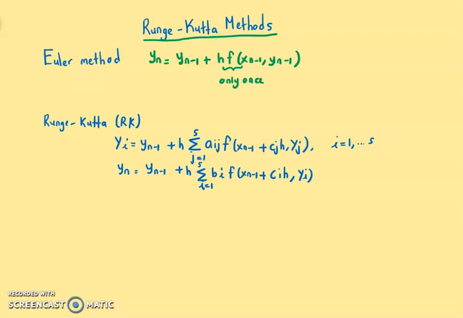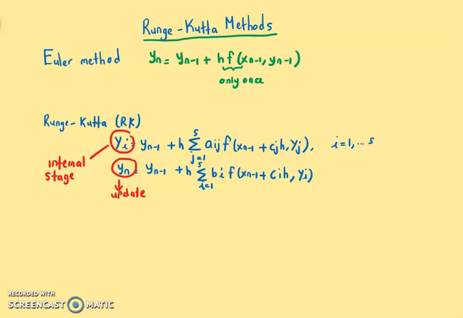This is a one-step method where my Yi is denoted as the internal stage. My yn here is the update. These are the constants. The initial value is yn minus 1, and we have the a's. This A is the matrix A of this function.